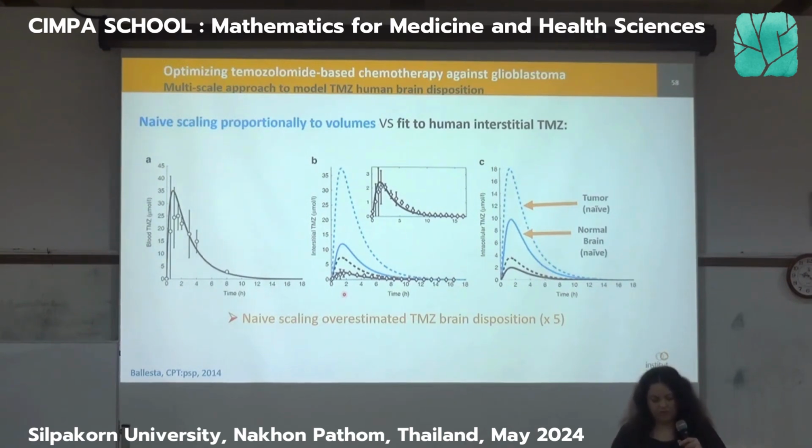I'm not showing this, but we have also used another possibility where you put the volume at the power 2/3, which is an estimation for the surfaces, but this didn't work either. So just using the volumes is not enough to scale from one species to another.